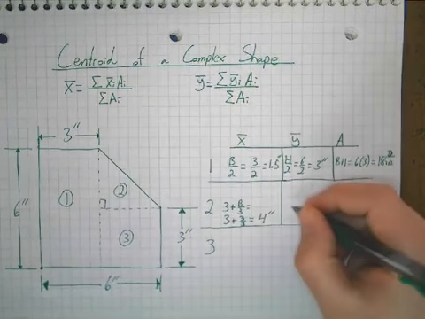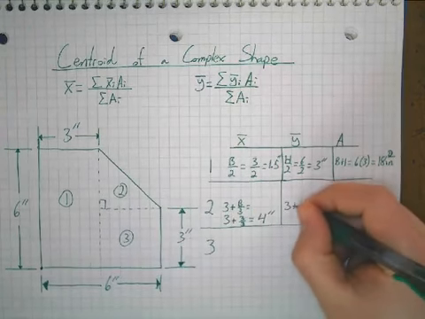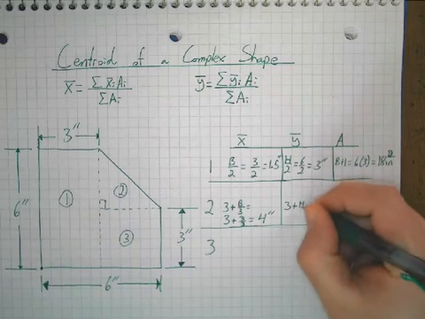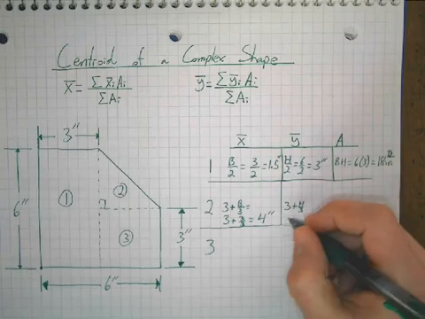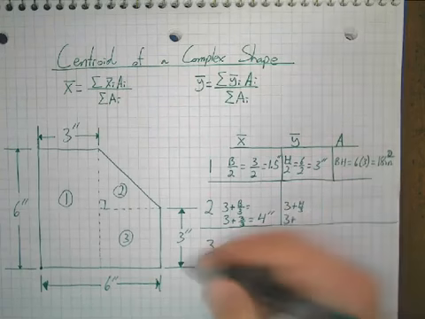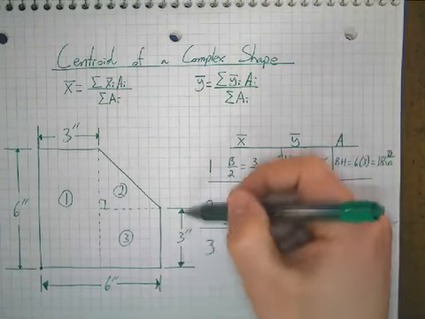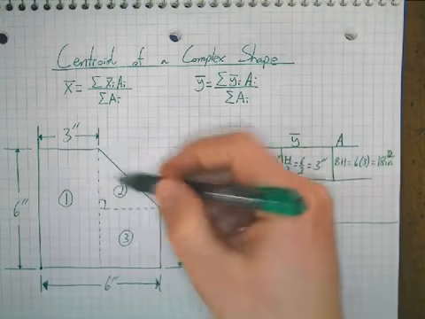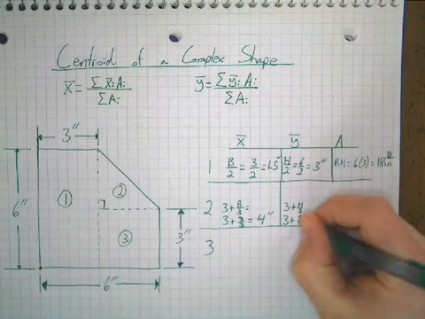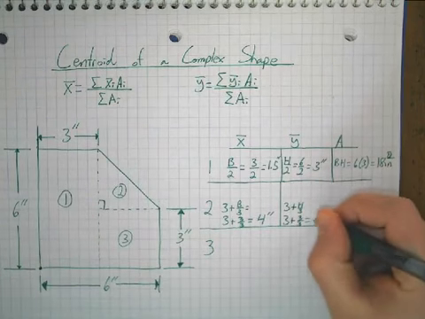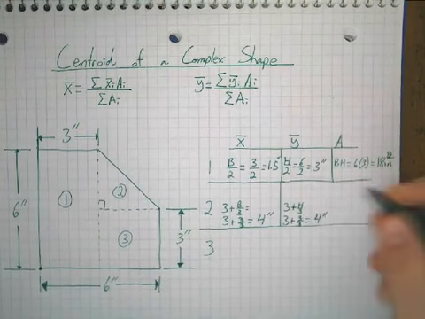So again, I'm going to go 3 plus height over 3 to get my equation. So I'll do 3 plus, again, my height. So I would go up 3 to right here. My total is 6, so I know that the height of my triangle is 3. 3 plus 3 over 3, again, is going to be 4 inches.